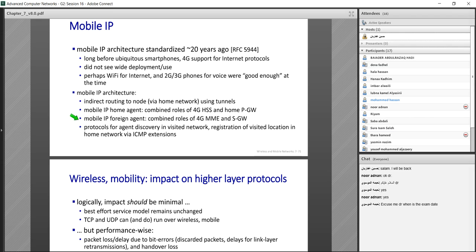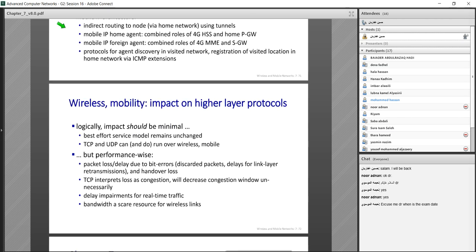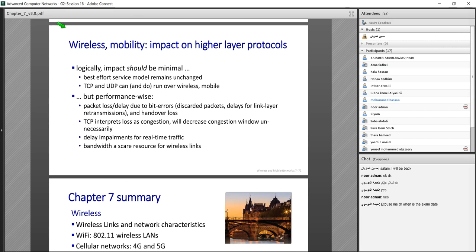We call it handoff or handover. Okay? We had supplementary documents and protocols to handle these mobilities.